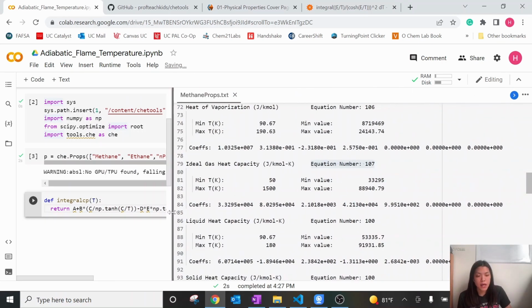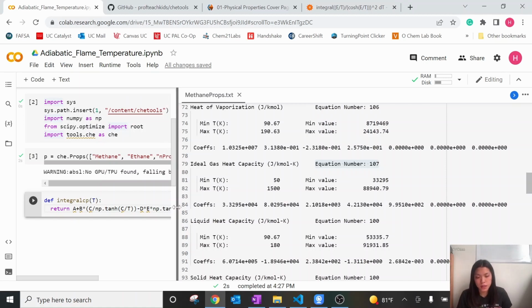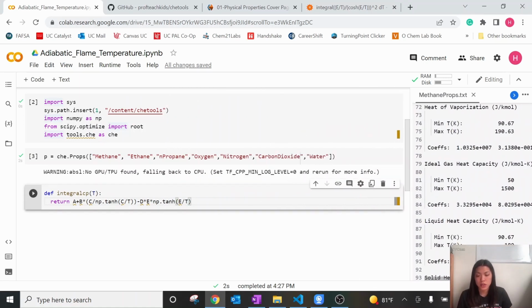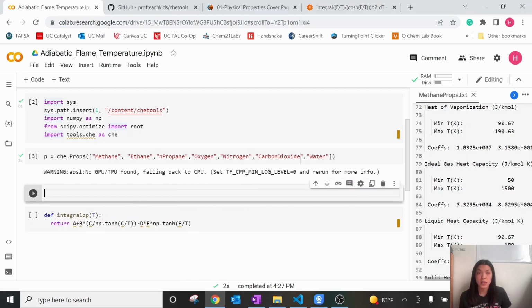Well, if we take a look back at our properties and we look at this ideal heat capacity equation, we can see that there are 1, 2, 3, 4, 5 coefficients, A, B, C, D, E. And so what we have to do is get those coefficients.